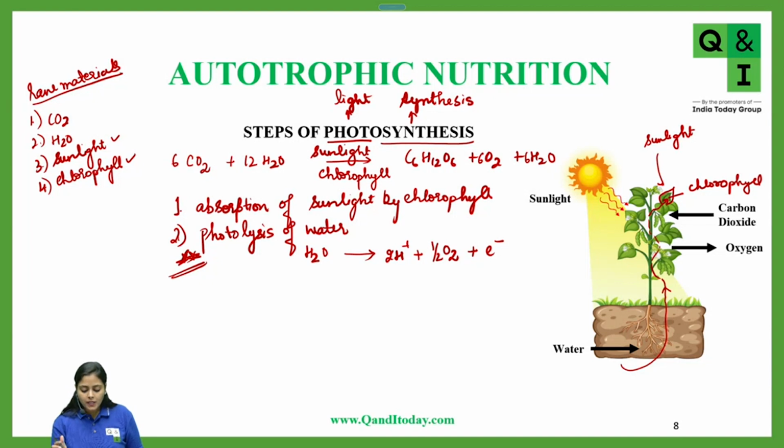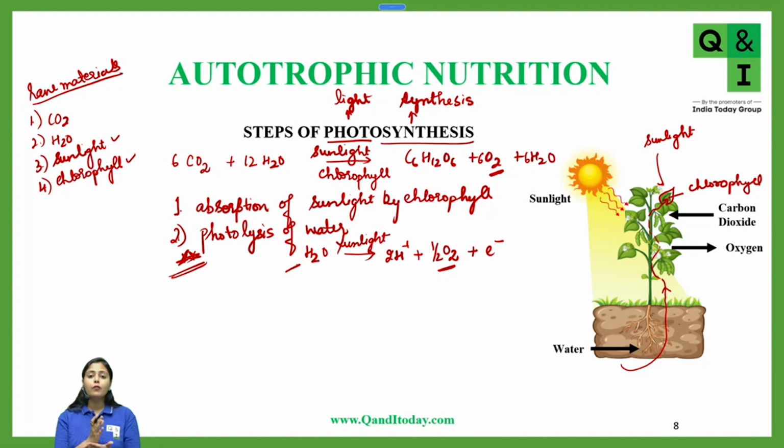Now see one more thing from here. Oxygen, one of the products of photosynthesis, is getting liberated from the photolysis of water. Very important: why do we say that oxygen is produced during photosynthesis?